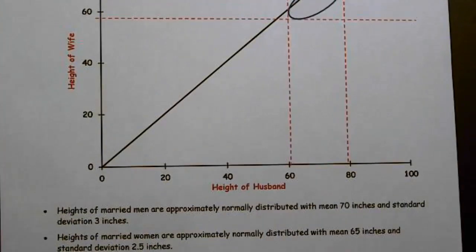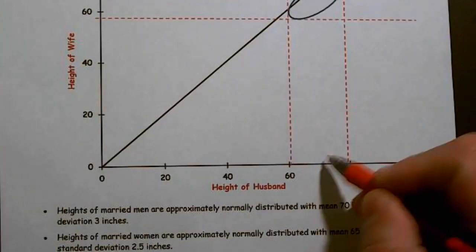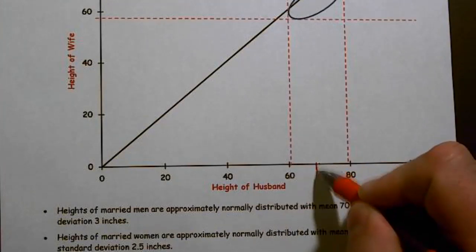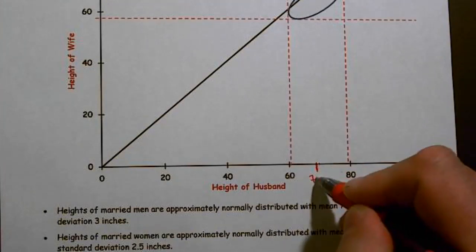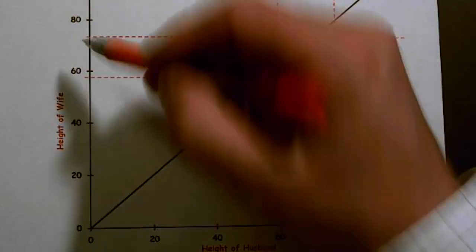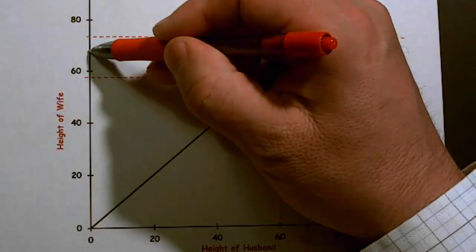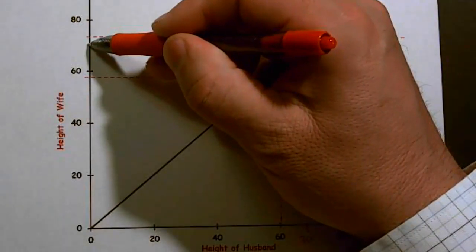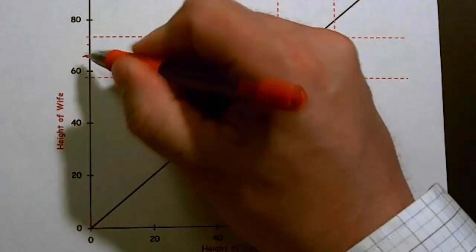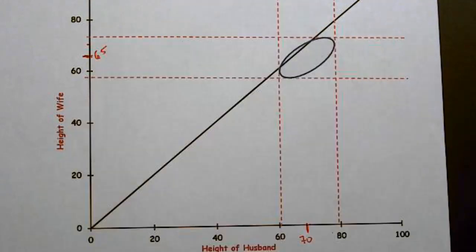Their mean height is going to be between 60 and 80. So right here at about 70. So that's where the mean height is. The mean height of women is approximately 65, so the mean height for women at 65 is approximately there.